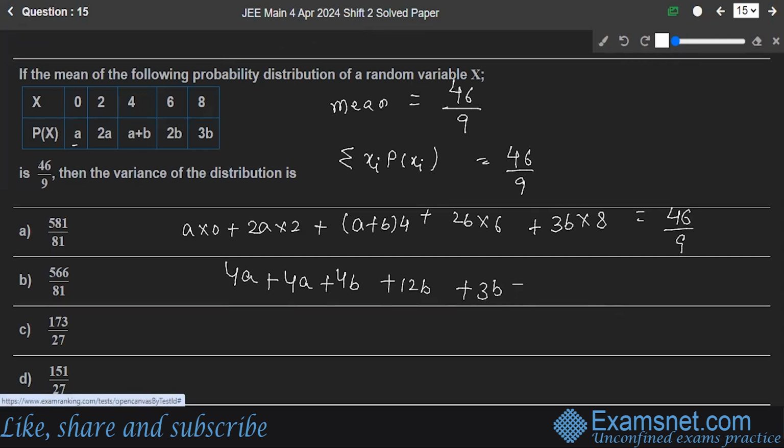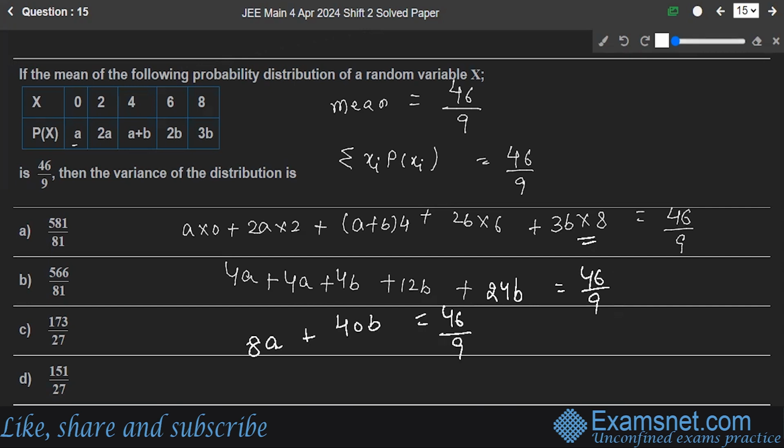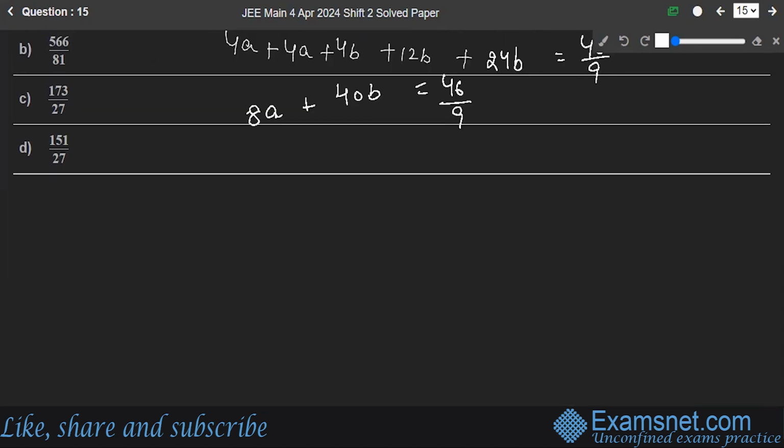It is a product, like this. This gives me 8a plus 40b is equal to 46 upon 9.